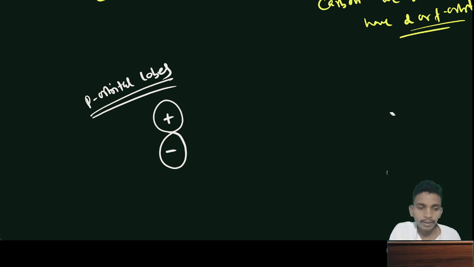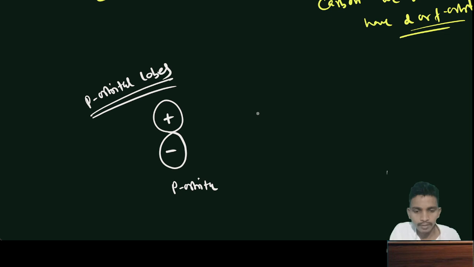Let's say this is one p orbital and this is another p orbital.